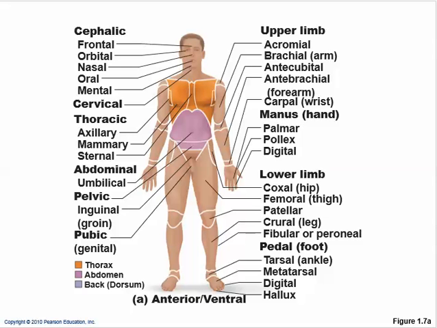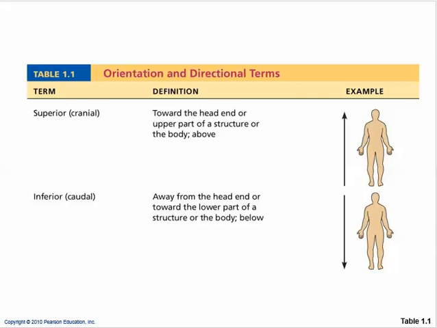So then we need consistency of language. In here, I'll come back to this stuff here. This is the regional terms, but we're going to talk about directional terms first. So when we talk about moving towards the head, we say things are superior.